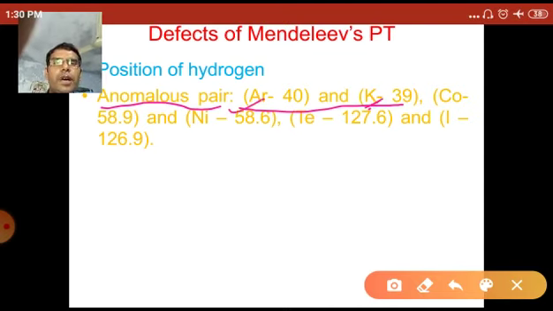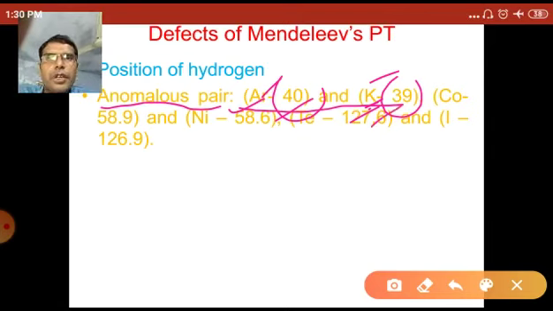But the atomic mass of argon is 40 and the atomic mass of potassium is 39. They arranged argon before potassium, but according to the Mendeleev periodic table, potassium should occupy the first position, before argon. They also arranged cobalt and nickel.